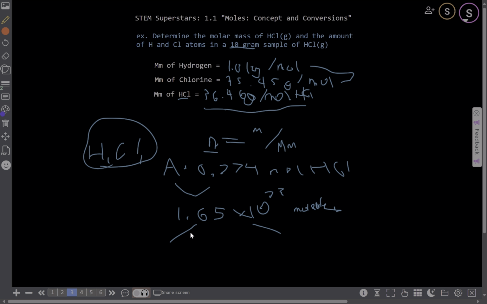Basically, since both of these are only 1 in the chemical formula, all we have to do is just rewrite this amount. So you have 1.65 times 10 to the 23 atoms of hydrogen and chlorine.